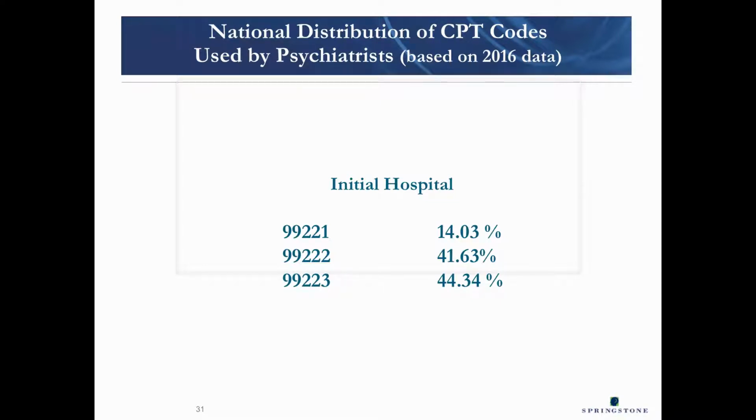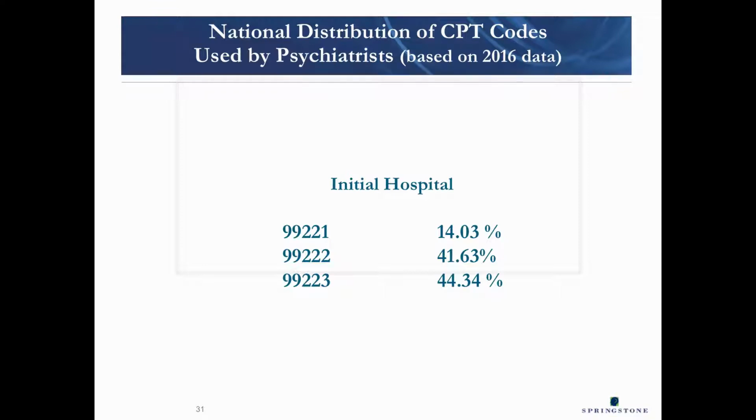So based on Medicare claims from 2016, psychiatrists billed with this distribution the initial hospital day codes. Almost a split between 222 and 223, and about 14% billed a 221. So about 85–86% of patients were at a 2 or 3 level.